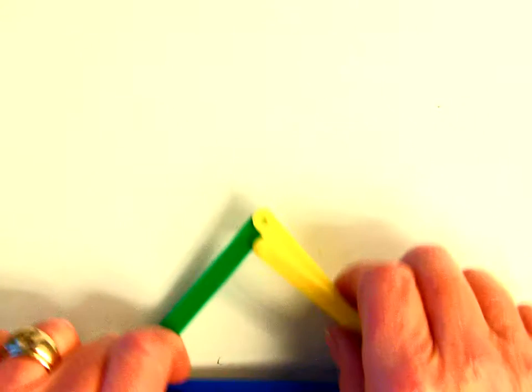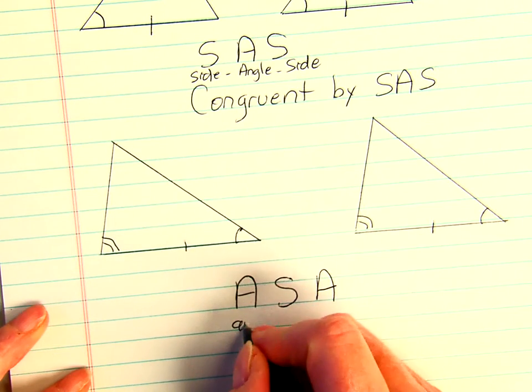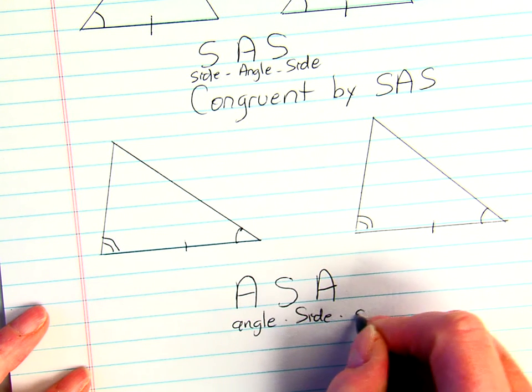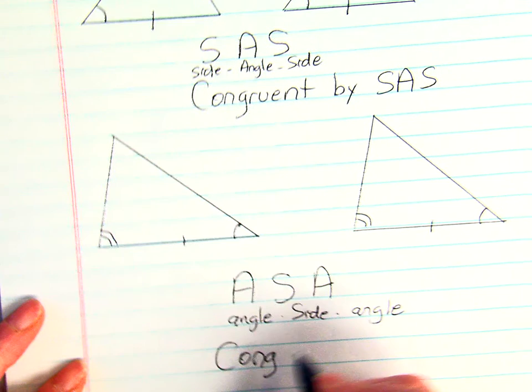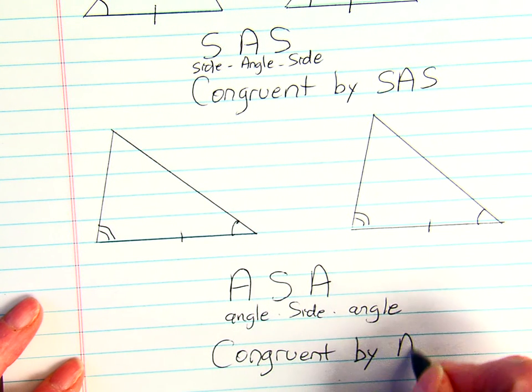So that is how we can see angle, side, angle. So here we have angle, side, angle. And this is congruent by ASA.